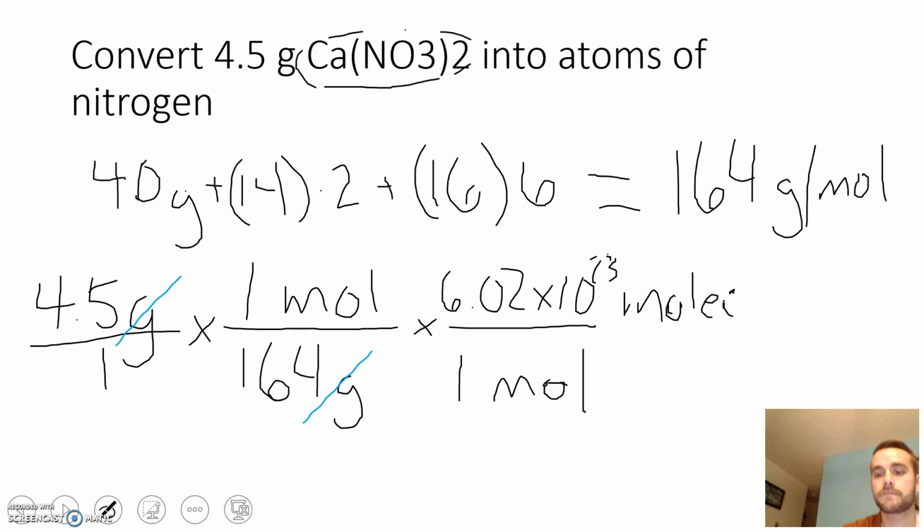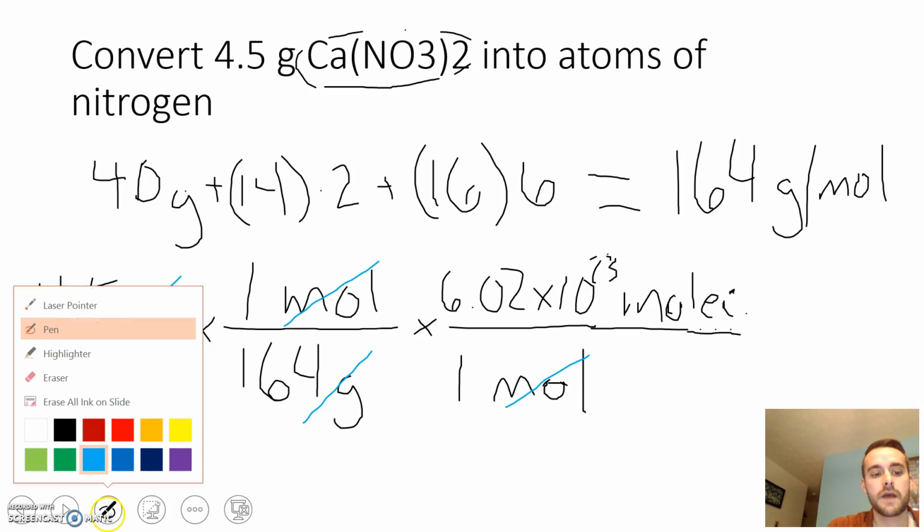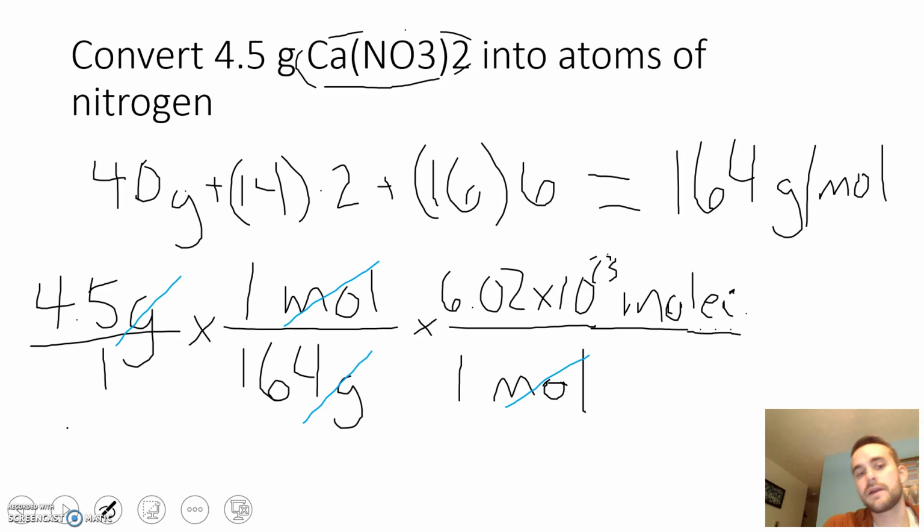Okay? So if I multiply that through, that should give me molecules, right? Because moles will cancel. And then if you look up top, each molecule of calcium nitrate has how many atoms of nitrogen?